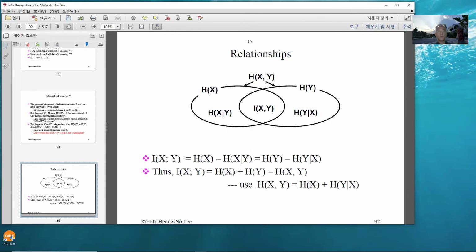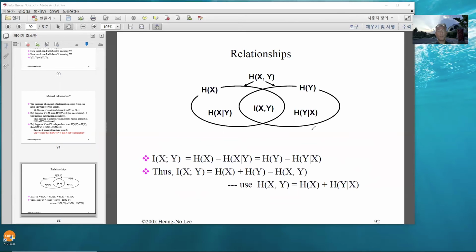Now this diagram shows the relationship between each measure that we have covered. So entropy H(X) is about the randomness of random variable X. H of Y is right here, and in between there is the mutual information. H of X can be written as H of X given Y plus mutual information.